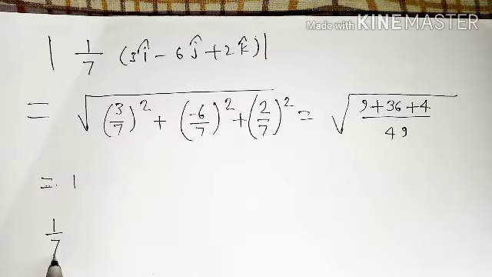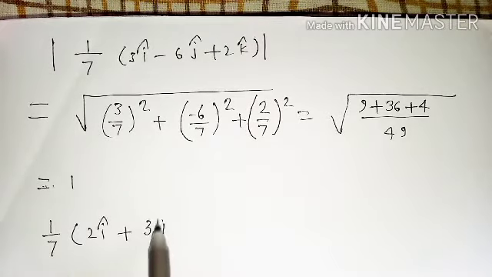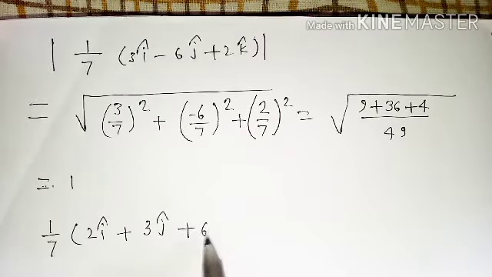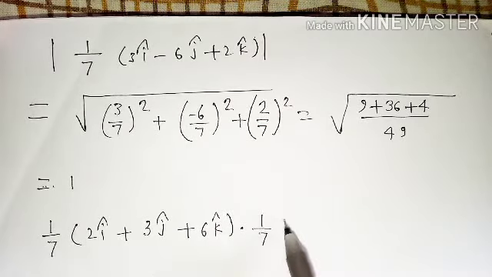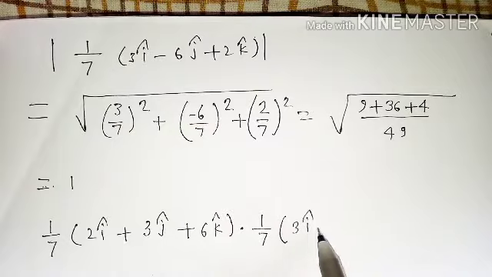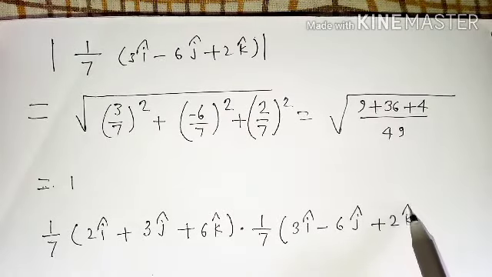1 by 7 (2 i cap plus 3 j cap plus 6 k cap) dot 1 by 7 (3 i cap minus 6 j cap plus 2 k cap).